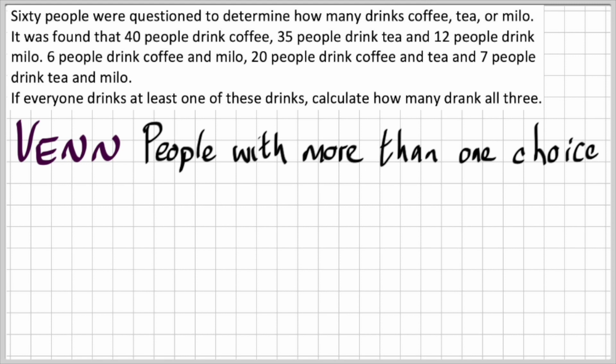Now, obviously, this is a video about Venn diagrams, but in the exam, you are not going to necessarily be told that. So when we look at this, there's more than one choice. So my choice is going towards Venn diagrams.